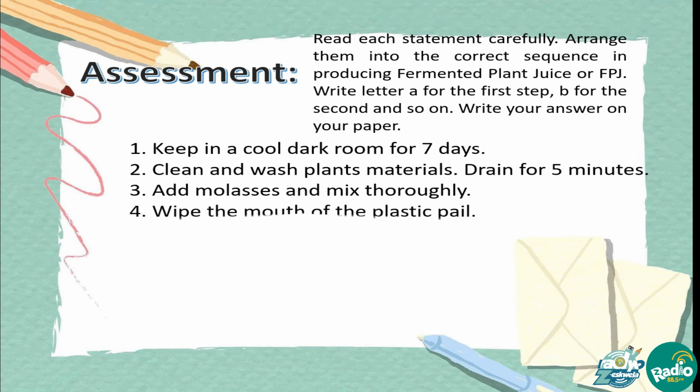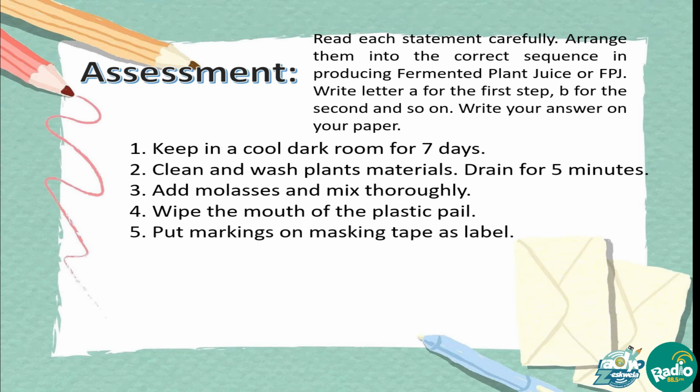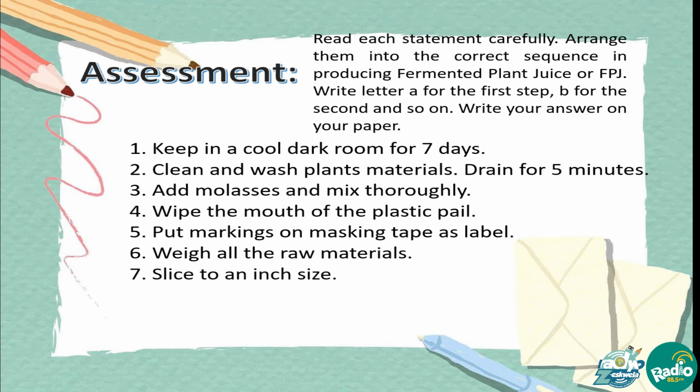Number 4. Wipe the mouth of the plastic pail. Number 5. Put markings on the masking tape as label. Number 6. Weigh all the raw materials. Number 7. Slice to an inch size.